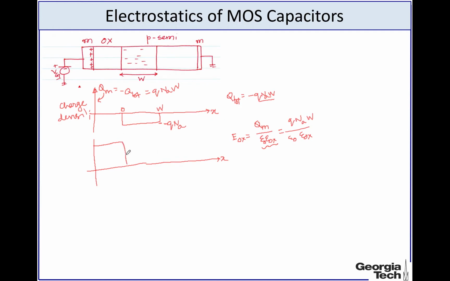Now what is the electric field at the oxide semiconductor interface inside the semiconductor? That is the electric field at the surface of the semiconductor.